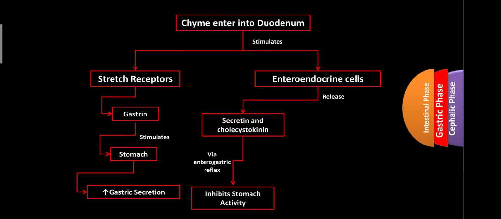Like that, they inhibit further gastric emptying. This phenomenon helps the digestion of food in the duodenum, because the duodenum or small intestine has a large surface area where digestion and absorption take place, and it requires some time for digestion. So it inhibits the entry of food from the stomach and allows the chyme to enter the small intestine slowly, so that it can be completely digested and absorbed.